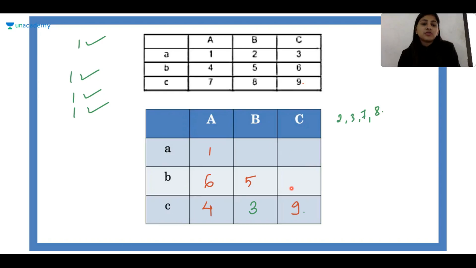Okay, now remove 2. Put 7 here. 8 and 2. Why no? It works, no? Okay, exchange 2 and 8. 2 and 8 exchanging will not work because it will become 7, 8, 9. Okay? So that will not work.